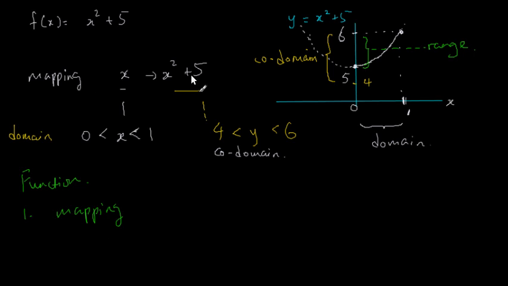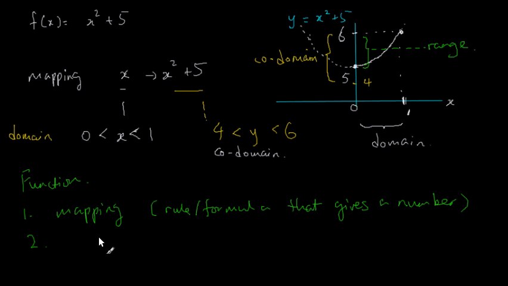And by mapping we mean a rule that, if you give it a number, it gives you another number. That's what a mapping is. If you like, it's a rule or formula that gives a number like this.